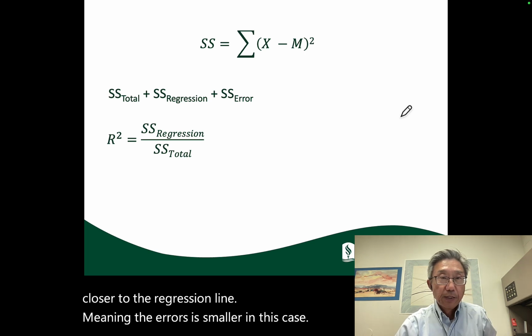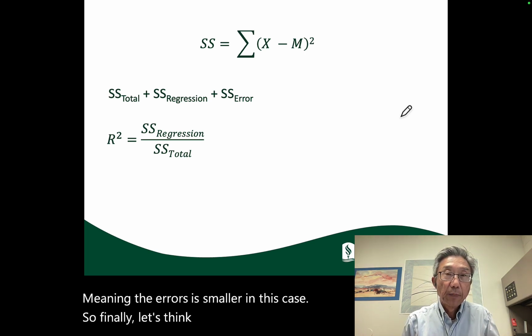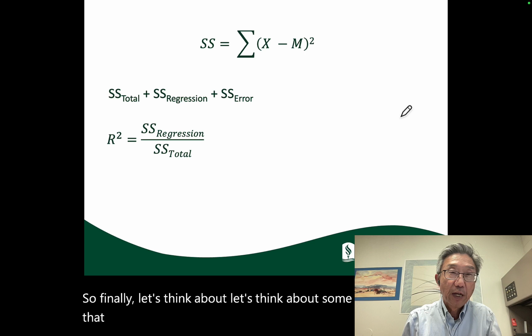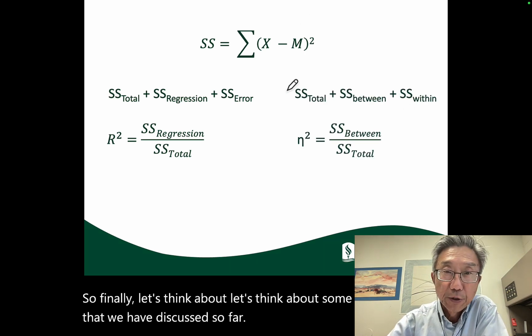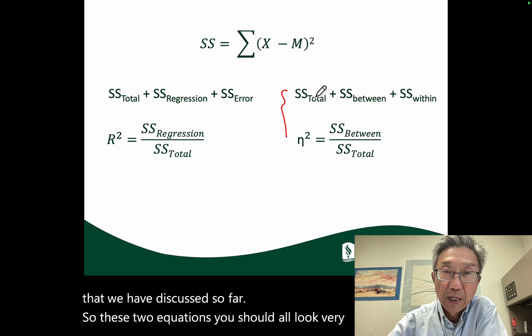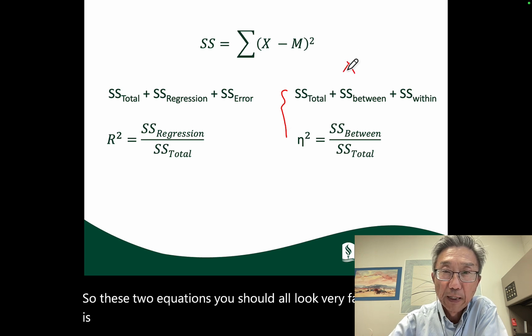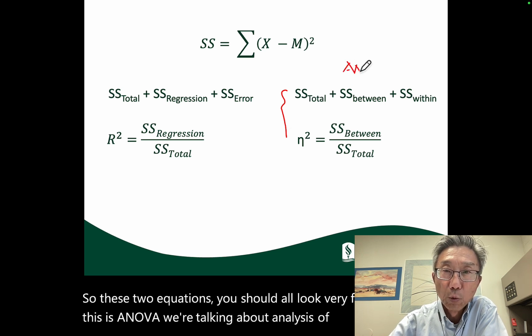So finally, let's think about some of the equations that we have discussed so far. These two equations should look very familiar. This is ANOVA, analysis of variance, one-way between subjects.